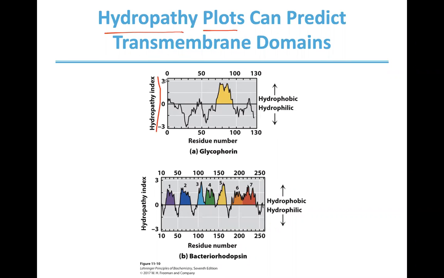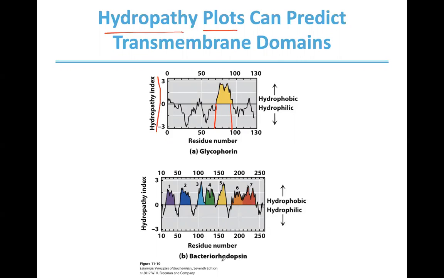Whichever is in the positive region is hydrophobic, the negative region is hydrophilic. This protein only has one region, spanning the residues between 70 and 95. These residues are mostly hydrophobic, and they will be located in the cell membrane.